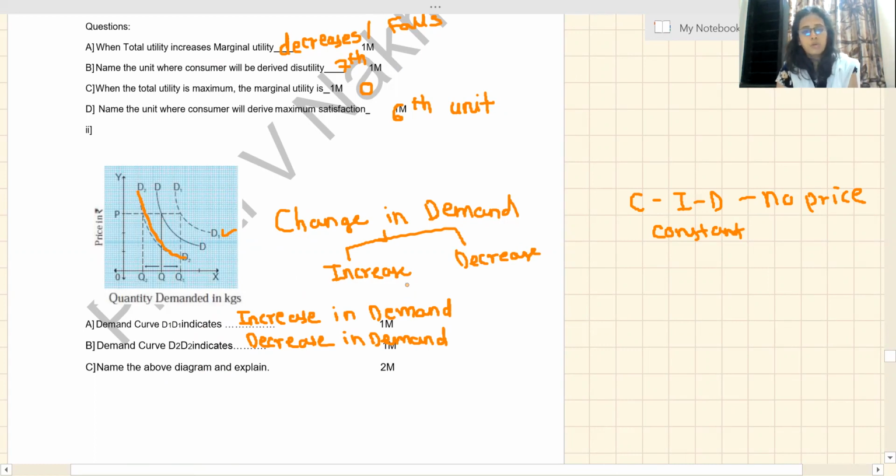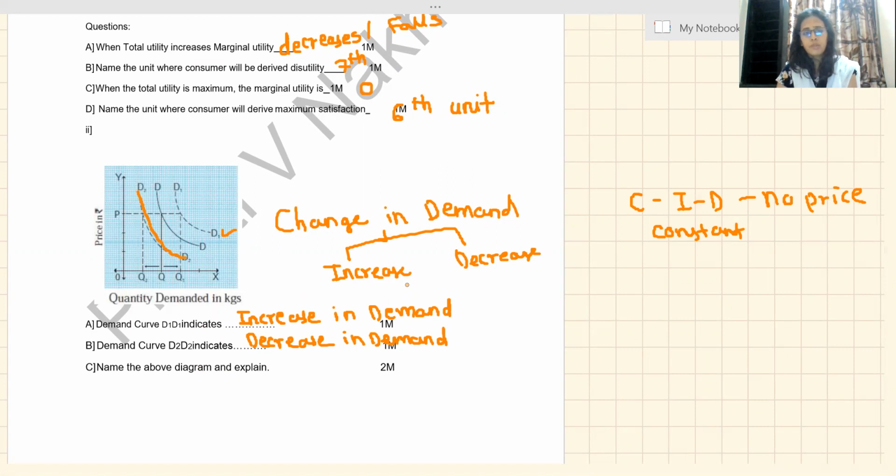For increase in demand, you tell that demand increases but price remains constant. This happens because of factors other than price, that is, income increases, or a change in taste and preference. Same way, for decrease in demand, you tell that demand decreases because of factors other than price, such as a fall in income of the customer.